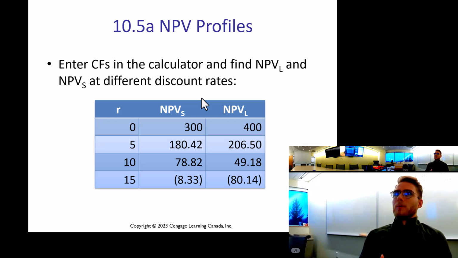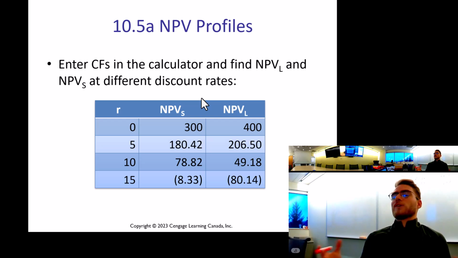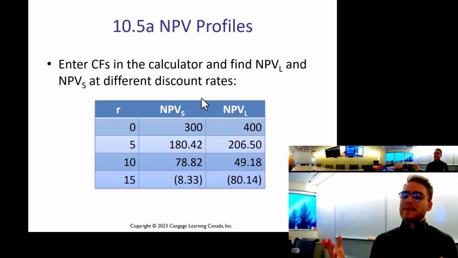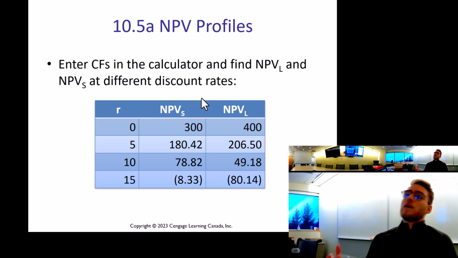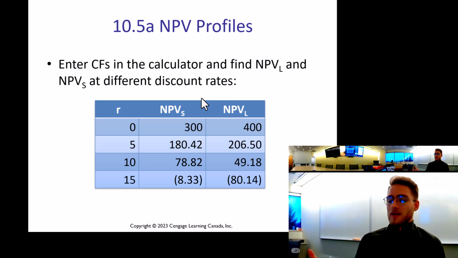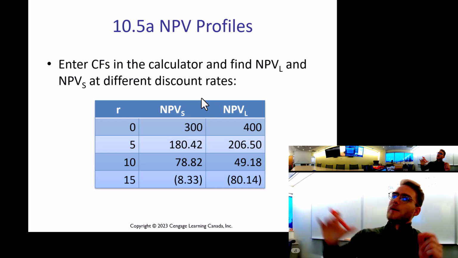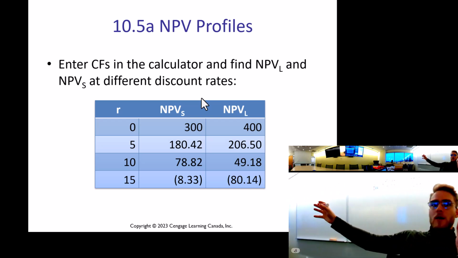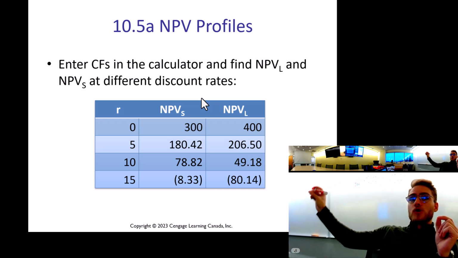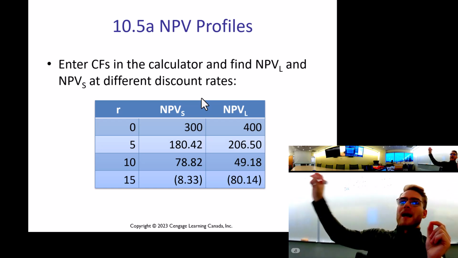But say, what's my discount rate at a weighted average cost of capital? Sorry, what's my NPV at, say, a discount rate of 5%? What's my NPV at a discount rate of 10%? What's my NPV at a discount rate of 15%, right? What you're going to notice is as your discount rates get higher, the cash flows further out are worth less, right? Because we're discounting them more at a higher rate.